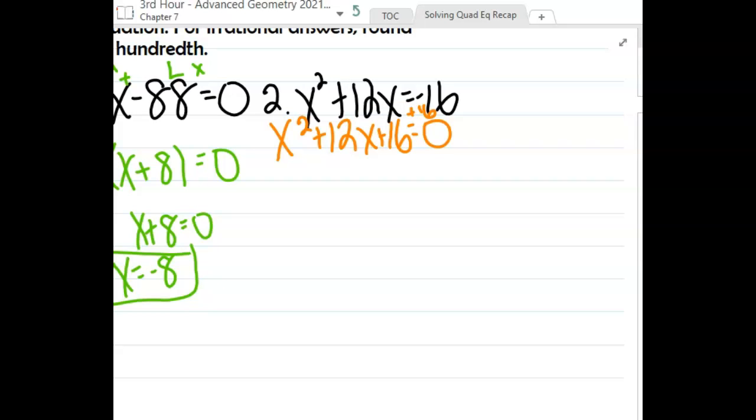Now, kind of like the last one, what I would suggest you do, since it's just an x squared, we could try to factor it, because I do x times x. But to get to 16, I need numbers that multiply to give me 16 and add to give me 12. What are some things that multiply to give me 16? 4 and 4. Now, 4 plus 4 gives me 8, not 12.